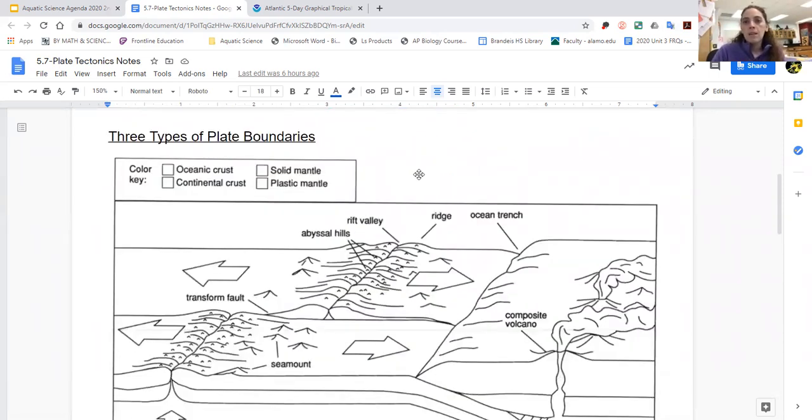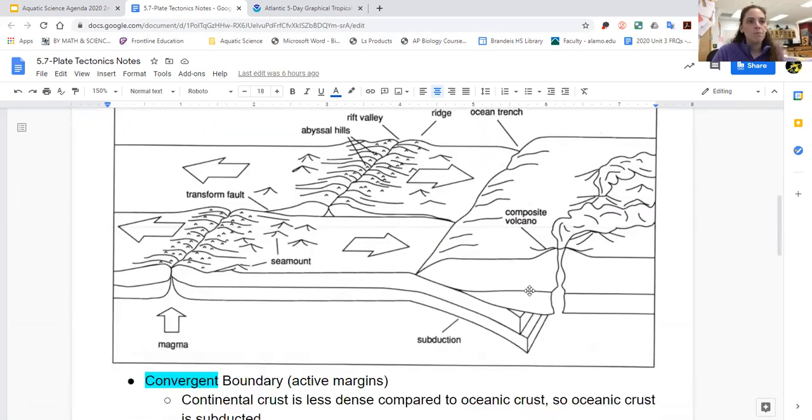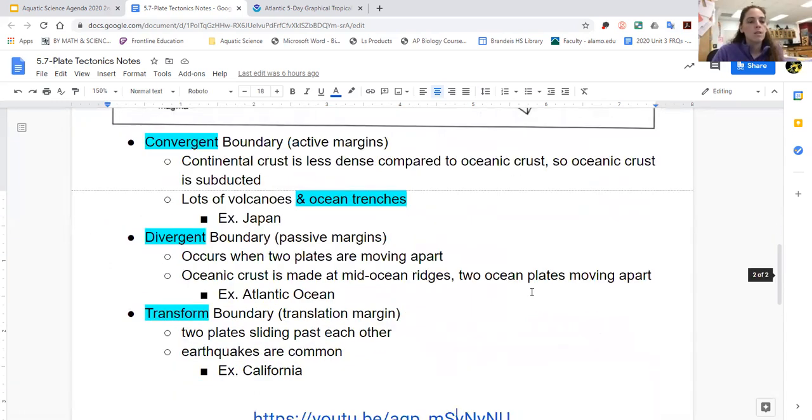So in plate tectonics, there are three types of boundaries. We're going to have where two plates are moving apart, where two plates are sliding next to each other, and where two plates are colliding. So a convergent boundary is where they're colliding. And in the case of the oceans and oceanic crust, continental crust is less dense.